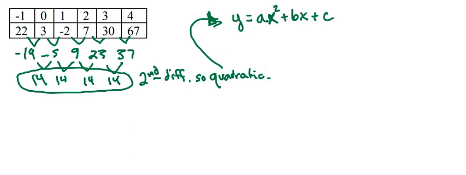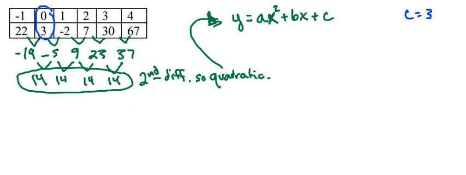All right, so what do we know about that equation? We know some of these letters, actually. So x and y are always going to stay, but we know a and we also know c. C comes from here, the y-intercept. When x is 0, both of these terms go away, and you're left with only c. So since y is 3, c has to be 3. C equals 3.